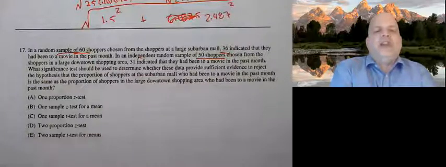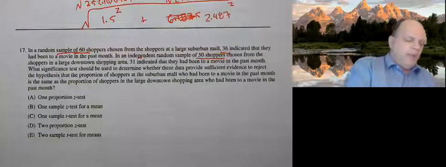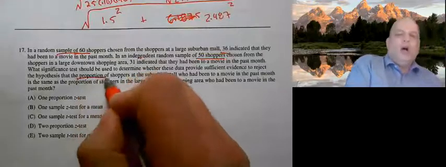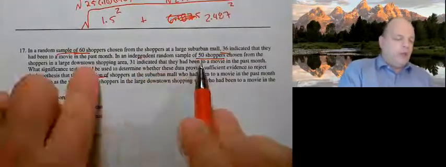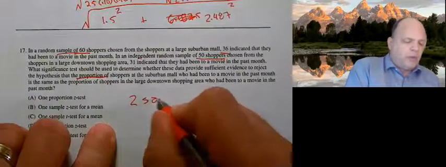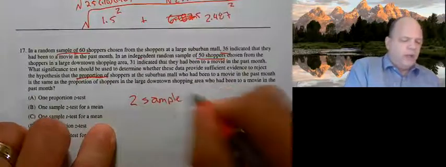What significance test should be used to determine whether these data provide sufficient evidence to reject the hypothesis that the proportions are equal? All right, we have two samples, so this is going to be a two sample proportion test. I know this because I have two independent random samples, and they just told me it was a proportion.